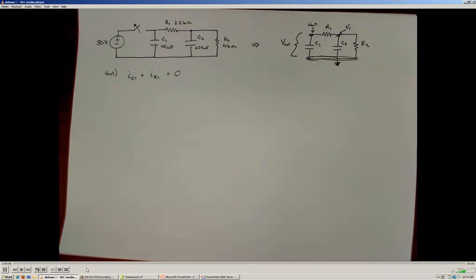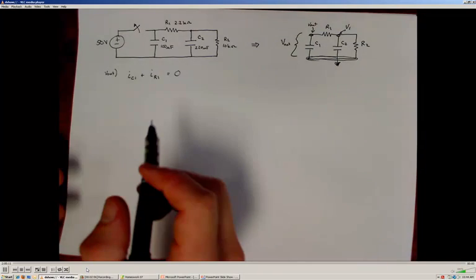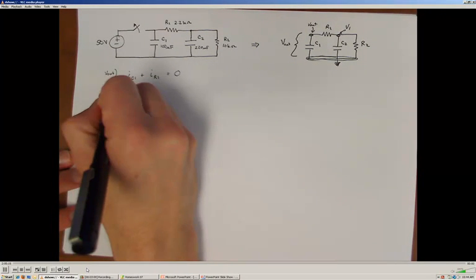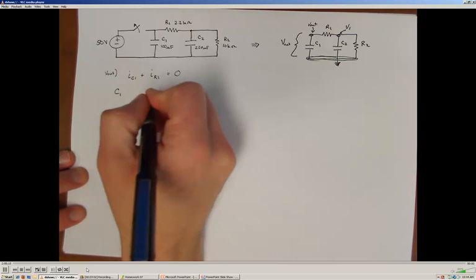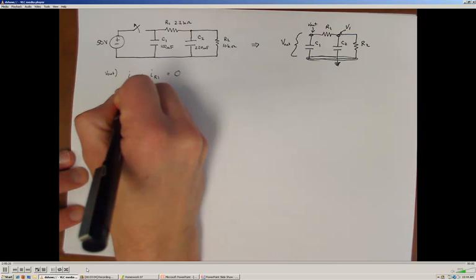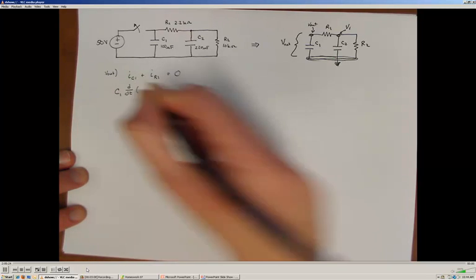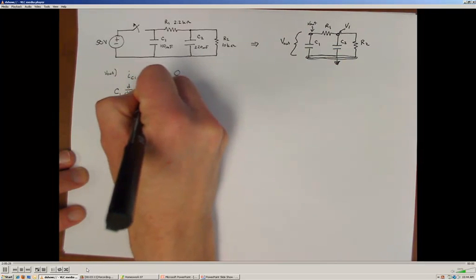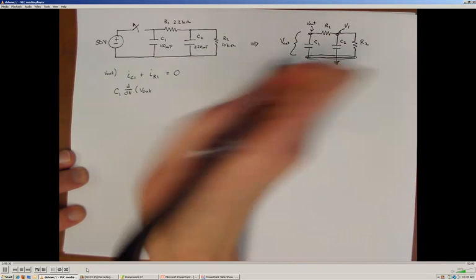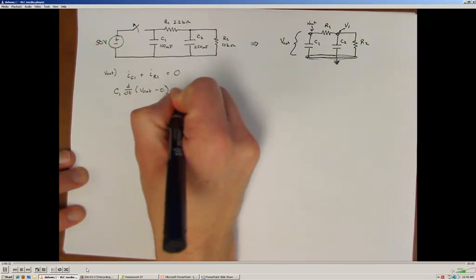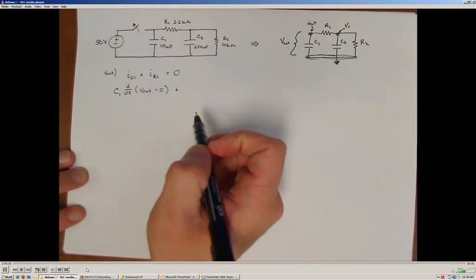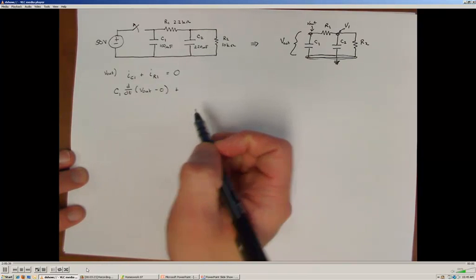Now I'm going to substitute in my current to voltage relationships. For my capacitor, I know that it is the value of the capacitance times the derivative with respect to time of the potential difference across that capacitor. So that is going to be my V out node minus 0. For the resistor R1, I know that the current to voltage relationship is the potential difference divided by the resistance.